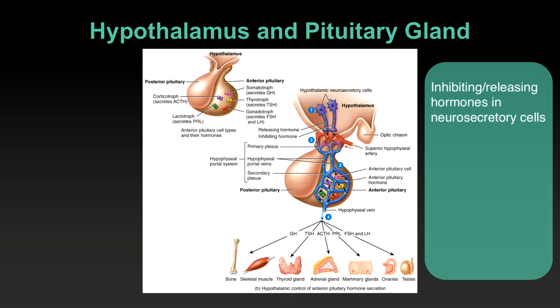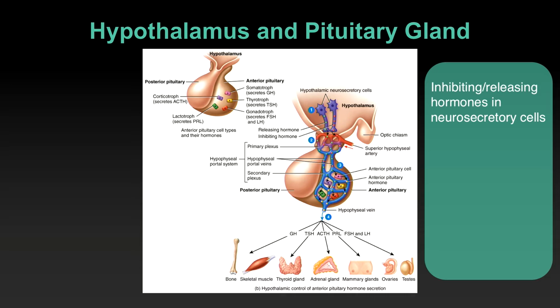What's the first signal that initiates hormone release at the pituitary gland? It comes from the hypothalamus and from these really unique neurons. We call them neurosecretory cells. And you can argue to me, and I would buy it, that really all neurons are neurosecretory cells.